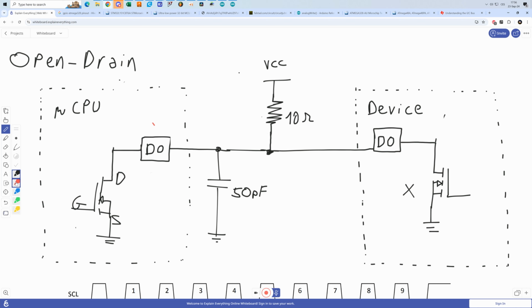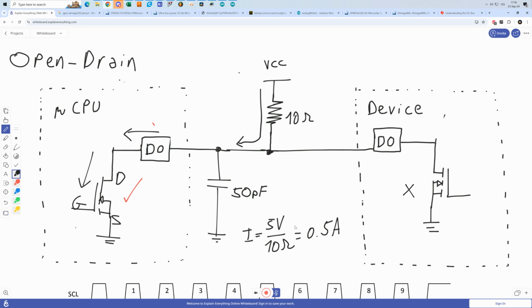One of these transistors is going to conduct, let's say this one. Now the current will flow through this resistor, through the transistor. And what's going to limit the current? The only thing limiting the current is going to be the resistor itself. So imagine if we power this from 5 volts, the current that's going to flow in this case is 5 volts over 10 ohms. Well, that's half an amp.